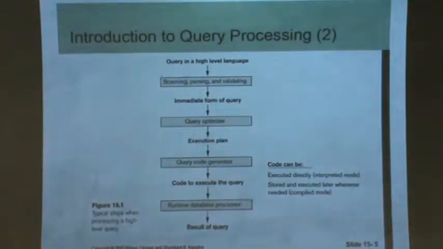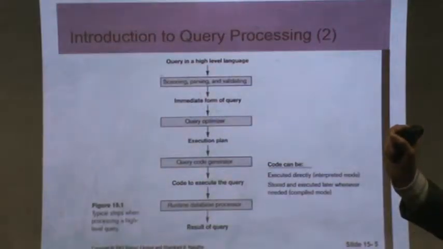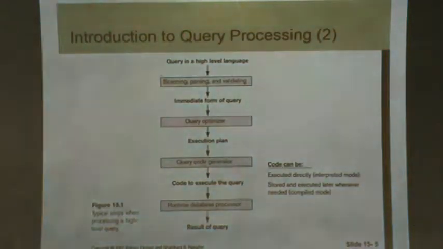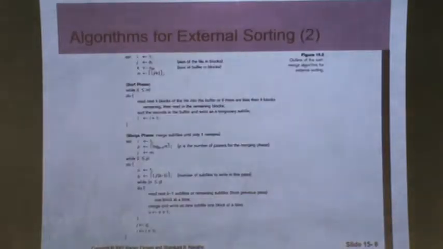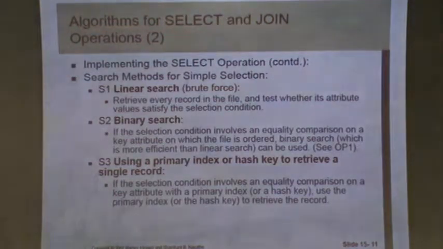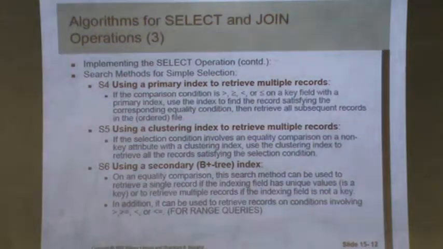Then the output is the plan to access. Plan to access means it's called the execution plan: which table you are going to access first, then how. The how means the different options we learned about: the linear search, binary search, primary index, multiple record, clustering, and so on.